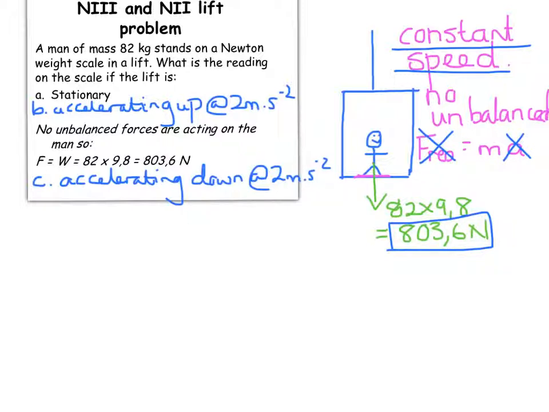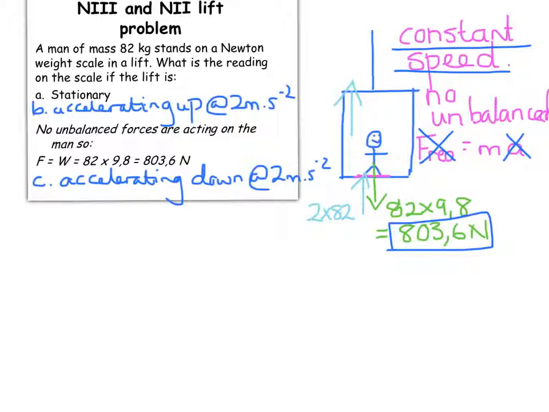So this lift is now accelerating upwards at 2 meters per second squared. So there is a force being exerted by the man. The whole lift is exerting a force onto the man of 2 times his mass. It's an unbalanced force onto the man.